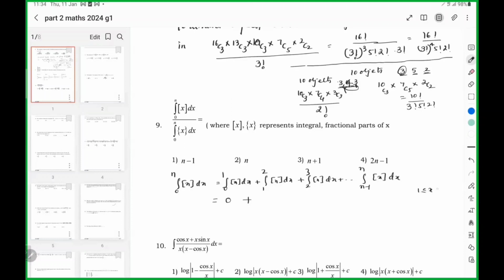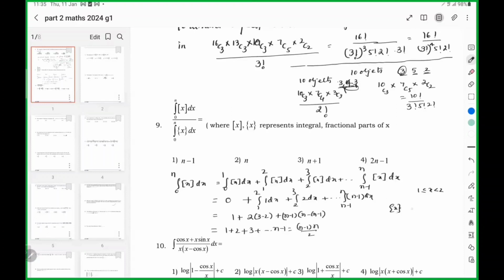If x lies between 1 and 2, step of x is 1 dx. Between 2 and 3, 2 dx. Between n minus 1 and n, n minus 1 dx. Like this, you get 1 plus 2 plus 3, and so on up to n minus 1.